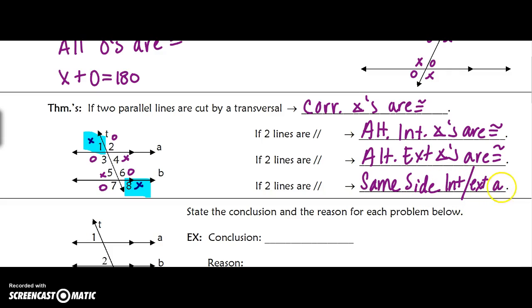They're the same thing. And those are, let's see, same side interior would be 3 and 5. Look at, you have 1 X and 1 O, and then exterior would be 2 and 8. Again, 1 X and 1 O, and because they are different, that means they are supplementary. So you would add them together. Angle 3 plus angle 5 equals 180. So that's how you would do those.